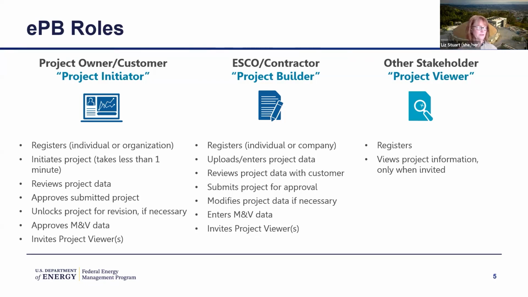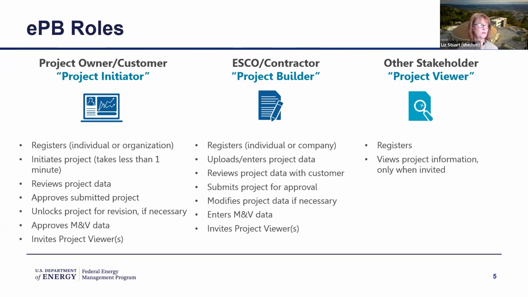So on the other side of that, the ESCO or the other kind of contractor is the one that, once the project's initiated in the system, uploads and enters the data. They can review the project data. Maybe you're working at a 30% IGA review, a 60% IGA review.